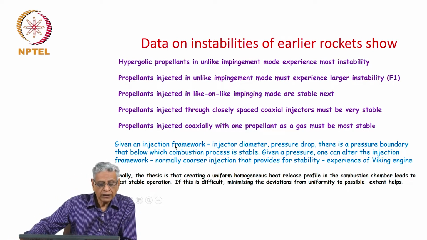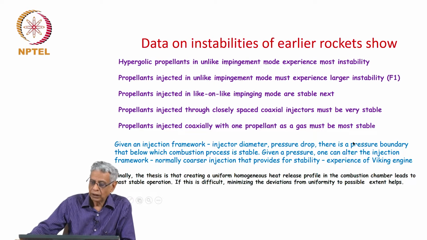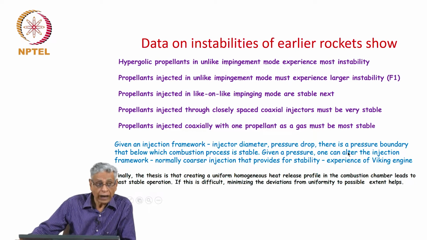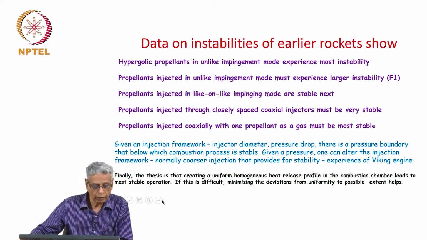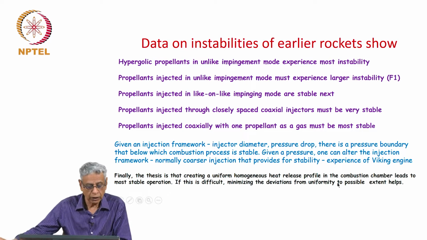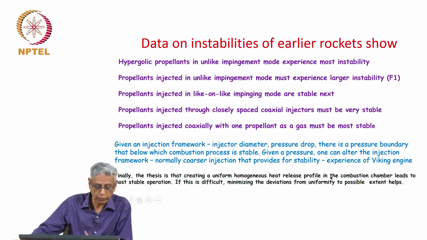Also, given an injection framework, injector diameter, and pressure drop, there is a pressure boundary below which the combustion process is stable. Given a pressure, one can alter the injection framework, and normally coarser injection provides for stability. This is exactly what has been done in the Viking engine. Finally, the thesis is that creating a uniform, homogeneous heat release profile in the combustion chamber leads to the most stable operation.